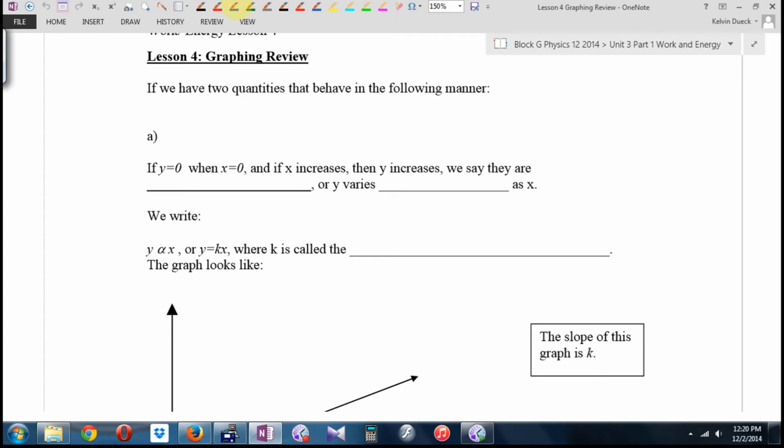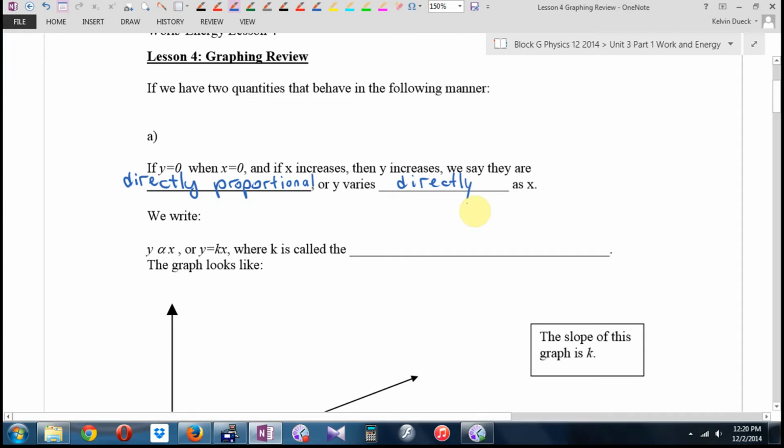We say that they are directly proportional, or we say y varies directly as x. If x gets twice as big, y gets twice as big. If x gets 3 times as big, y gets 3 times as big. If x is 0, y is 0.